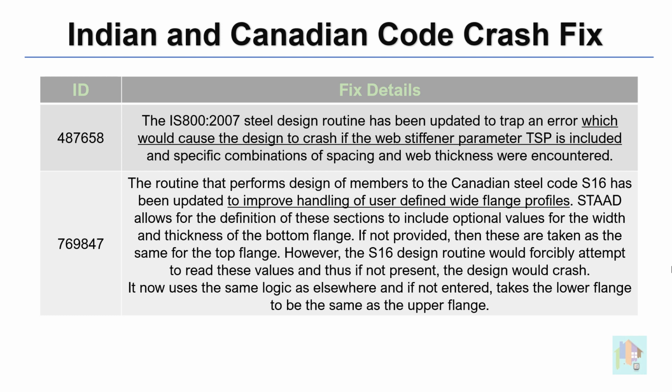So if you use update 9 to design tapered member or user defined section as per IS 800 2007 or CSA S16 code, you will no longer experience any crash. For AISC 360-16 code with seismic design, an internal check is now included to validate the seismic check results and print correct results in the output.